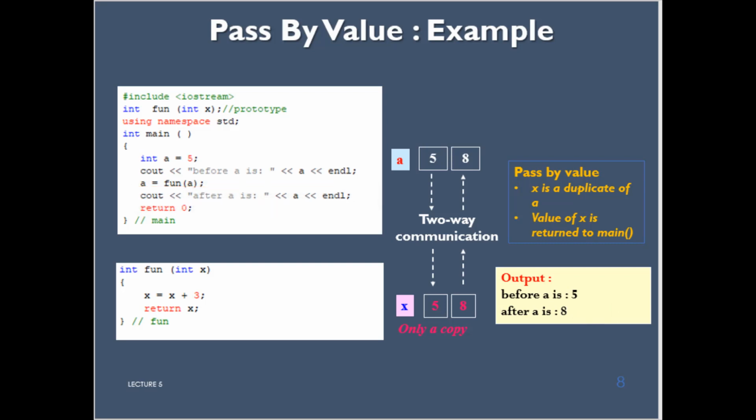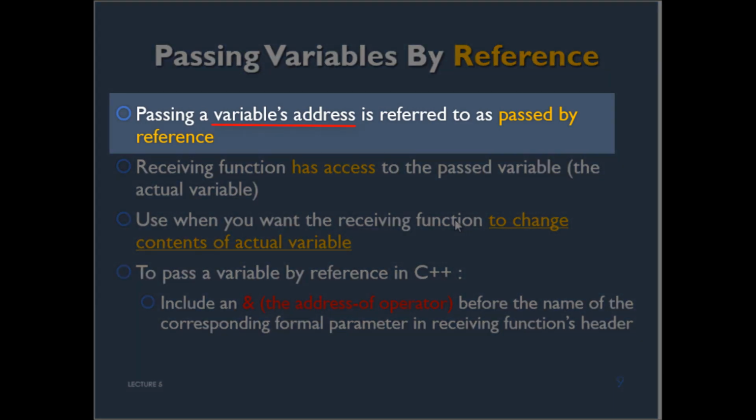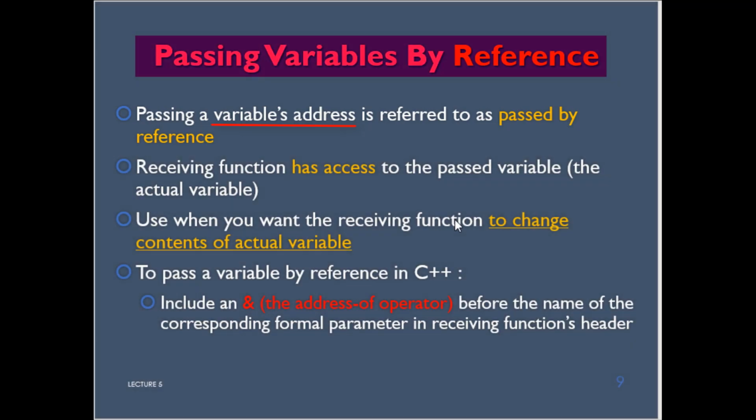This is still passed by value, but the difference is that we return back the value of the variable that we have changed to the calling function. So like I said earlier, we can pass the variable address instead of the variable's value, and we call this pass by reference.